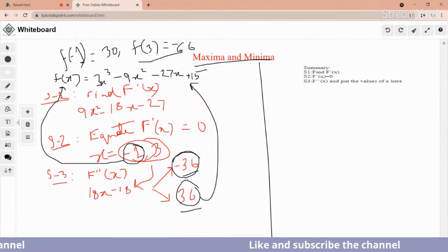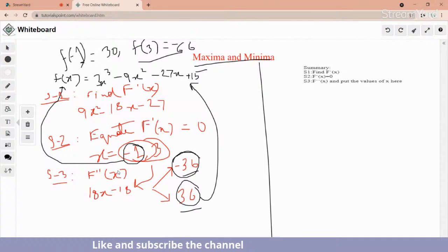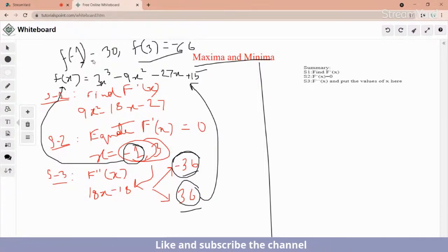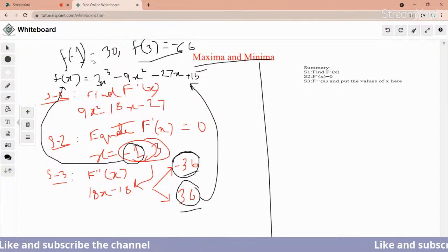You will get it negative, positive, whatever, and then put the values minus 1, 3, or whatever it will come, a comma b in it, and find the maxima and minima. Which one will give the maximum value of the polynomial function, and which one will give the minimum value of the polynomial function.